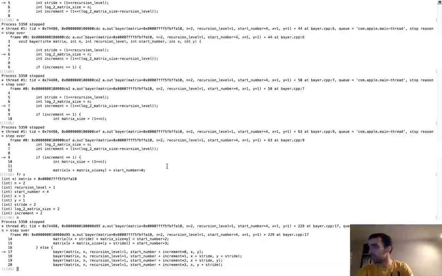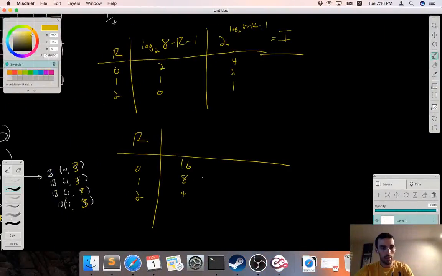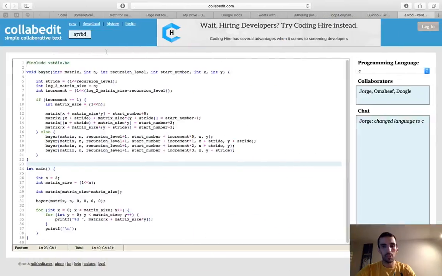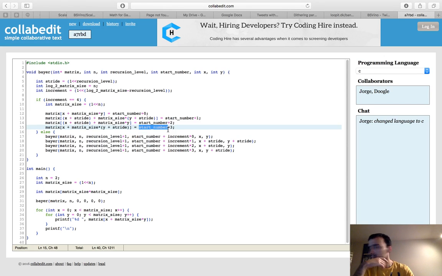Or a C++ compiler. We'll try and use that. I'll power along here. I think this should be 4 right here, because the increment here is 4: 0, 1, 2, 3. So this one you write the start number, and this one you write the start number plus 3, and the next one after that is 4. So I think that's right.